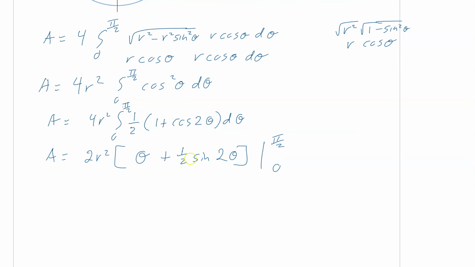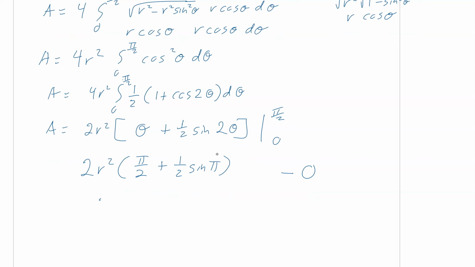Okay. So we already know when we plug in the 0, that's going to be 0, and that's going to be 0, so we don't have to. We already know it's going to be minus 0 because sine of 0 is 0. So we just have to deal with the pi over 2. So we have 2r squared, and then this would be pi over 2 plus 1/2 sine, and then pi over 2 plugged in with 2 is pi. So that is also 0.